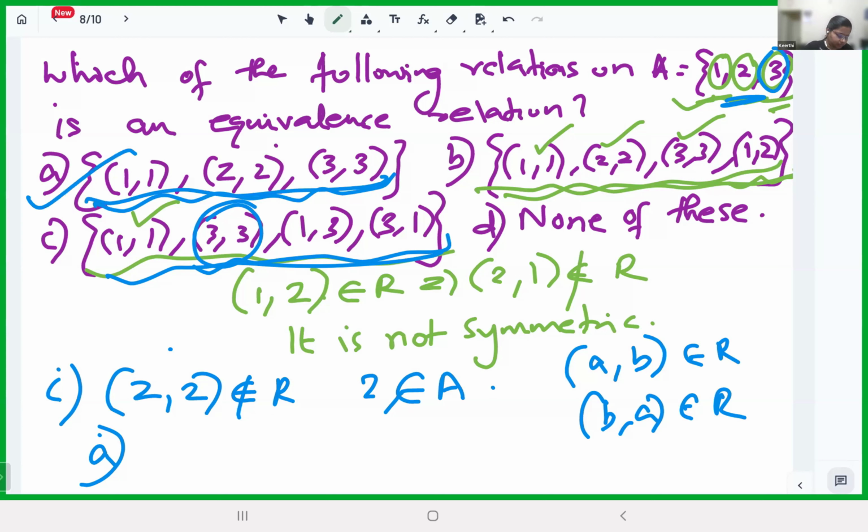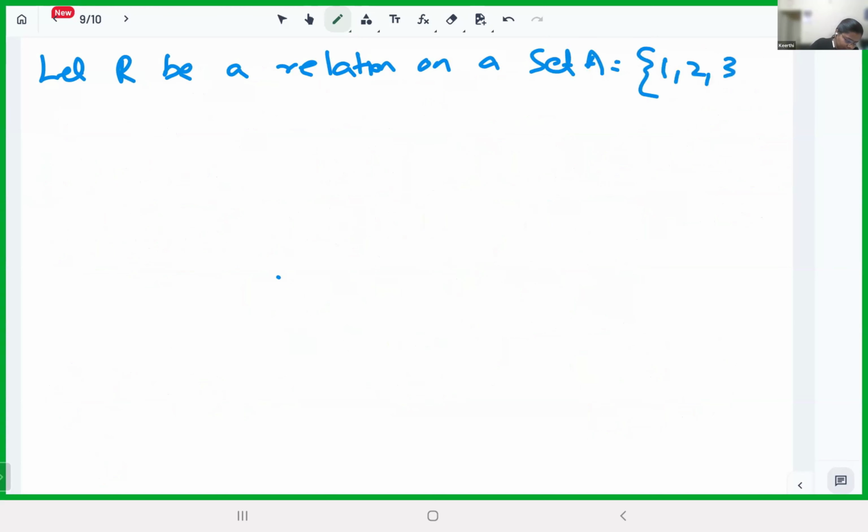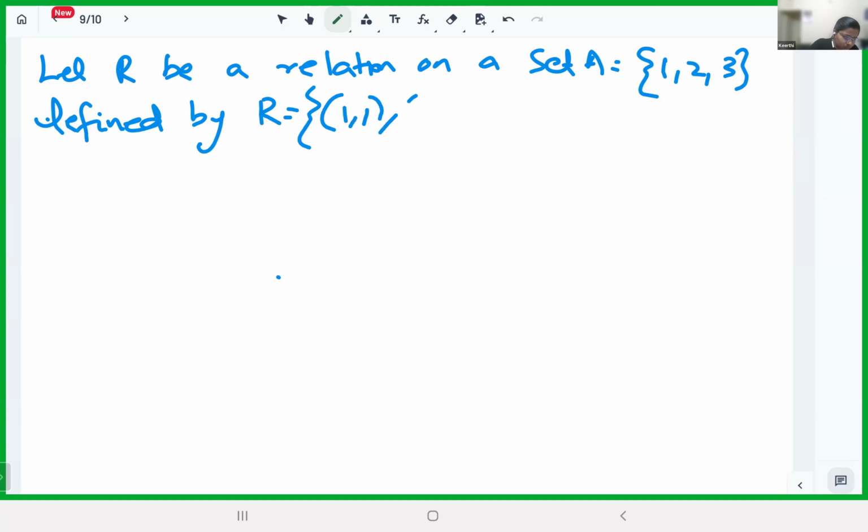Now we are moving on to the next question. Let R be a relation on a set {1, 2, 3} defined by R equal to {(1, 1), (2, 2), (3, 3), (1, 3)}.